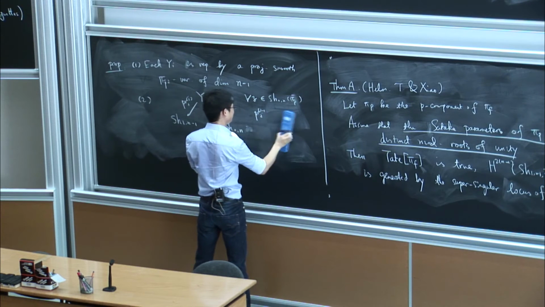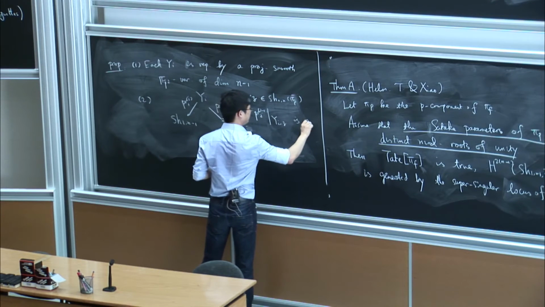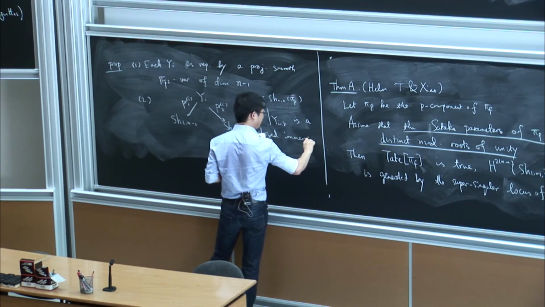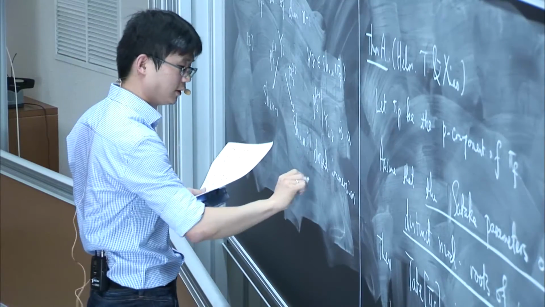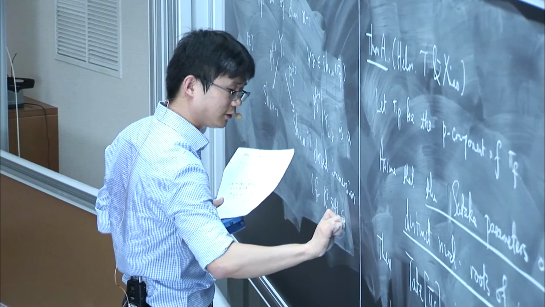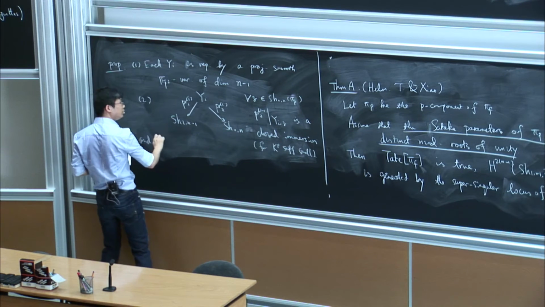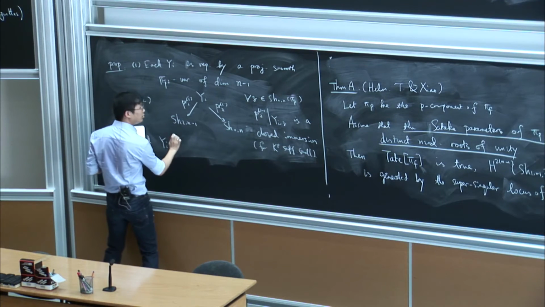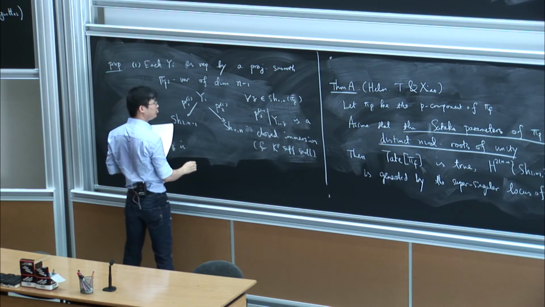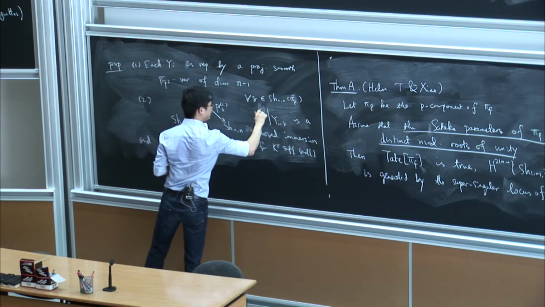So let's say Y_{i,z} is a closed immersion, for K_p of course sufficiently small. You have this. And each of such, so this is R_1.